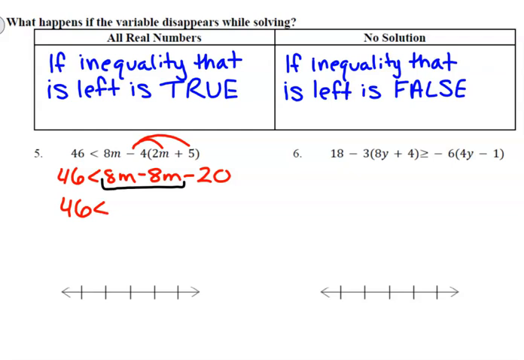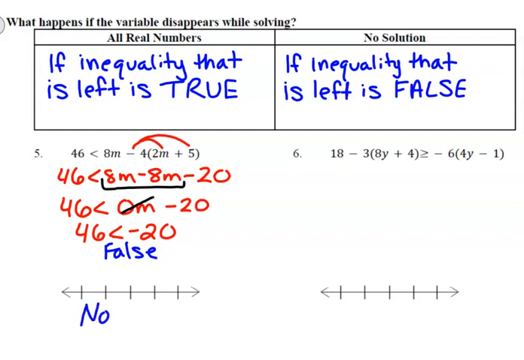So 8m minus 8m goes to 0m, technically. So really, we don't need this 0m. I'm just showing you that that's what's happening. So I have an inequality that says 46 is less than negative 20. That's a false statement, and so we're simply going to write no solution.